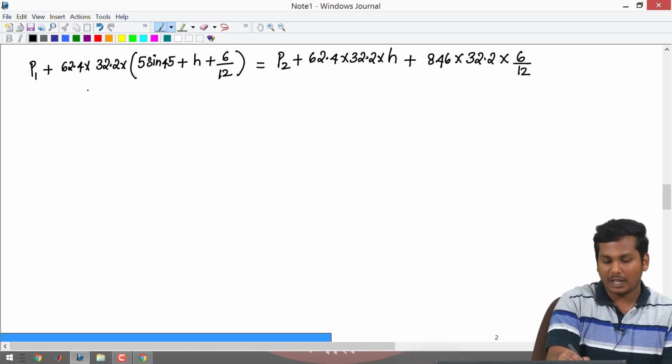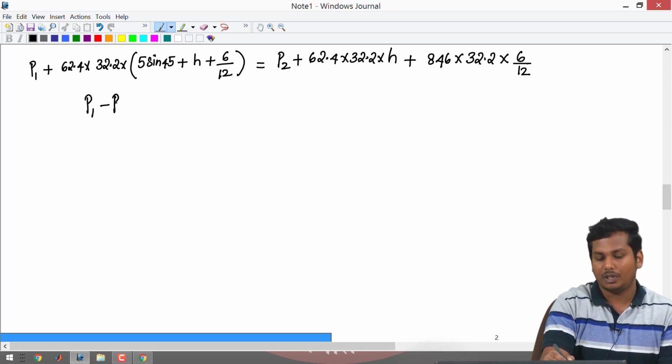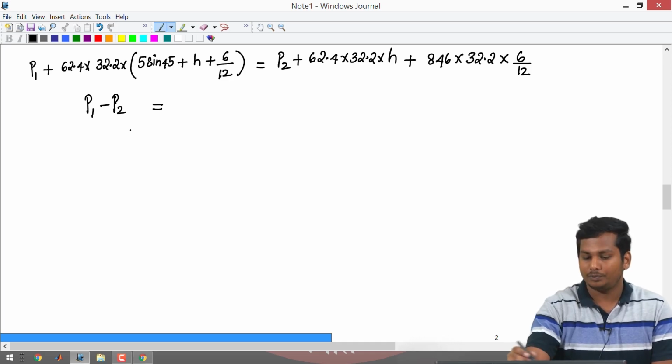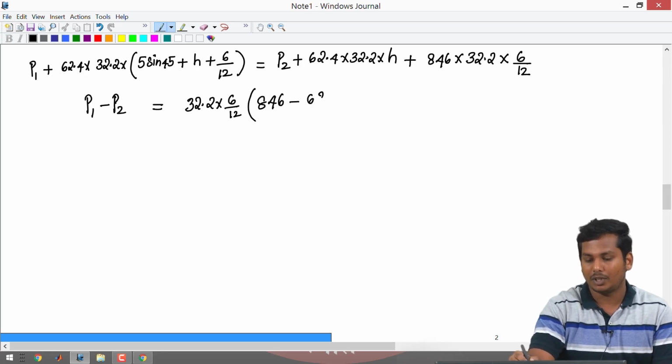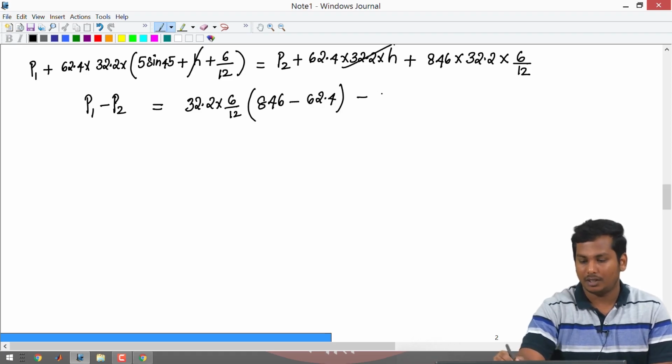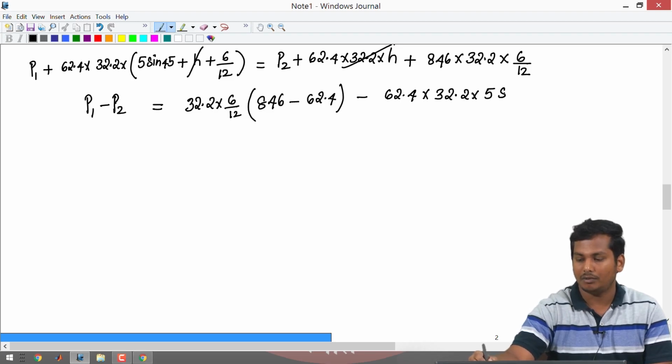So, now we need to calculate P1 minus P2, which is equal to 32.2 times 6 by 12 times 846 minus 62.4 times, and this term gets cancelled with this term, and we will be left with 62.4 times 32.2 times 5 times sin 45 degrees.